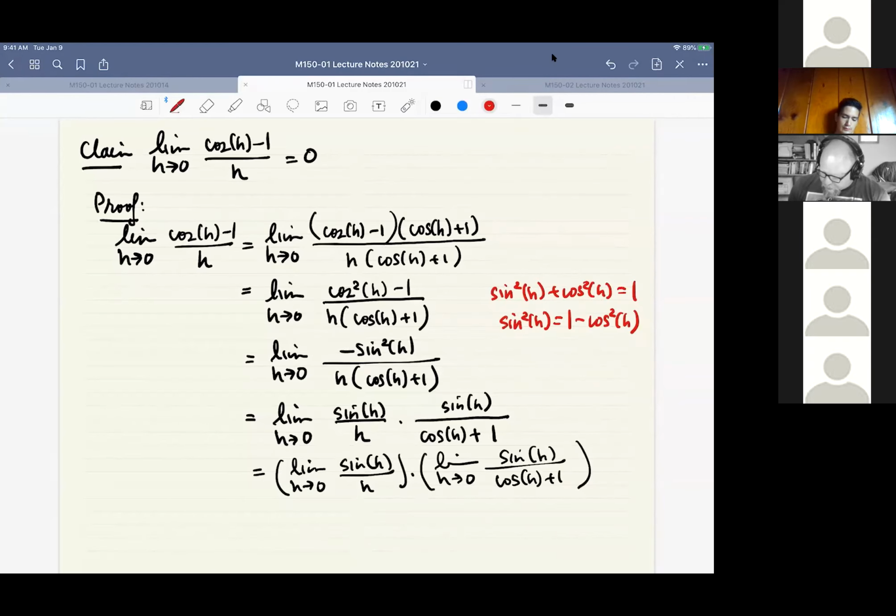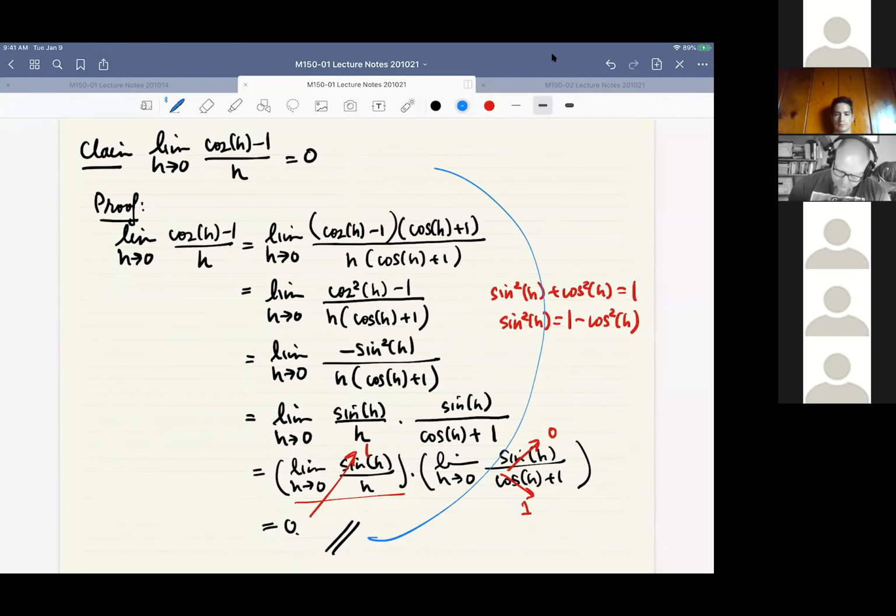And as h goes to 0, cosine of h goes to 1, so my denominator is going to 2, but my numerator is going to 0. So this whole second term is going to 0. Meanwhile, I just proved that this limit goes to 1. So 1 times 0 is 0. And that's exactly what I hoped to prove.